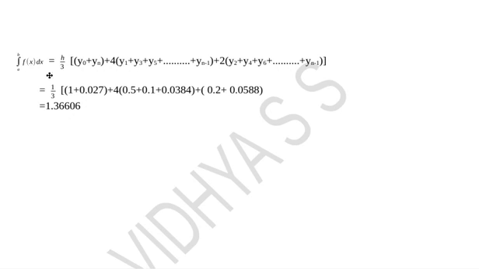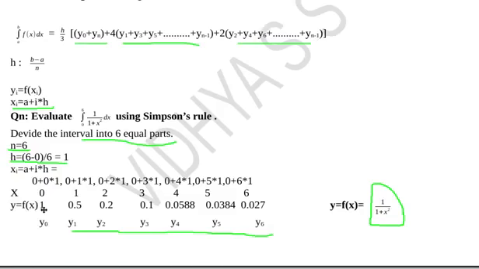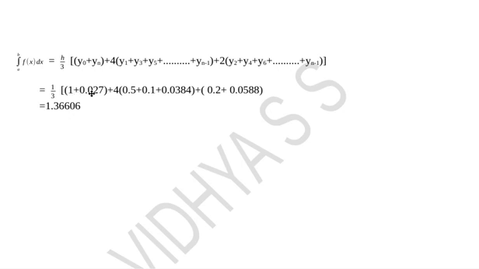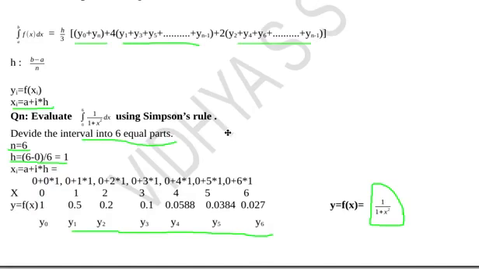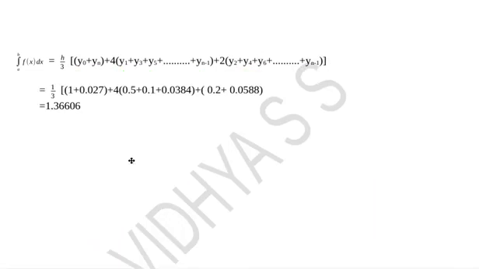That is, integral a to b f of x dx will be equal to h by 3 into, here h is 1, so 1 by 3 into initial term y0 plus yn. y0 is 1 and yn is 0.027, y0 plus yn, plus 4 into all odd terms, y1 plus y3 plus y5, that is 0.5 plus 0.1 plus 0.0384.